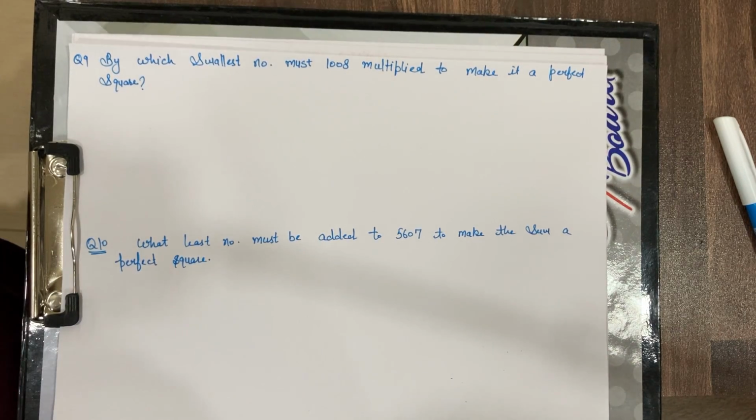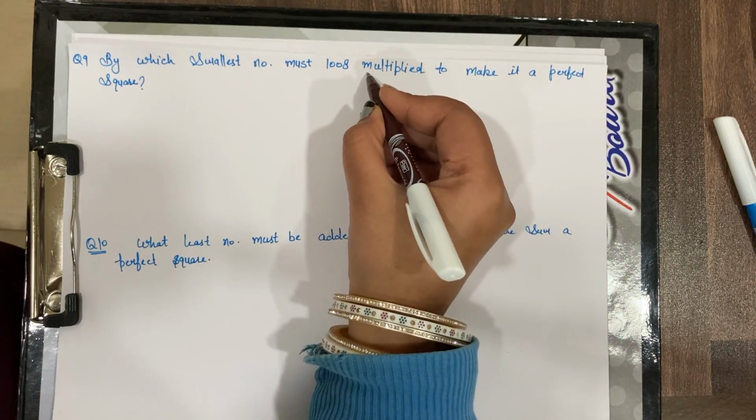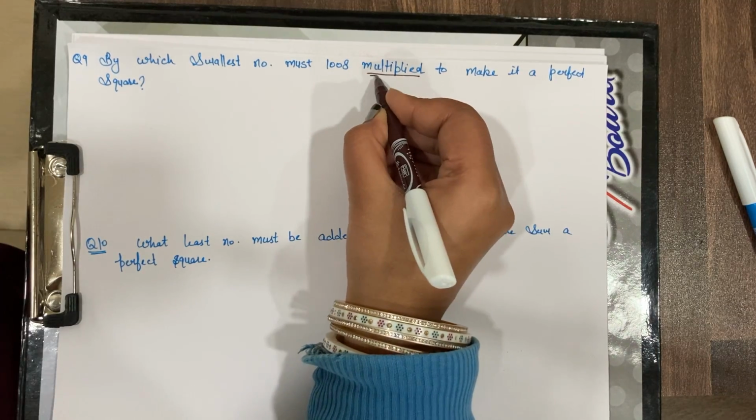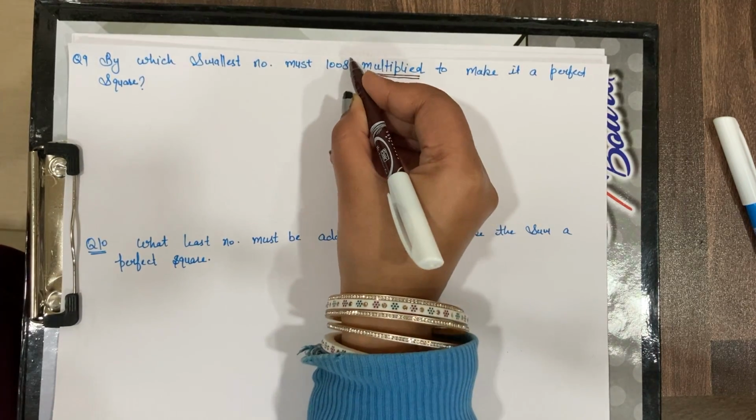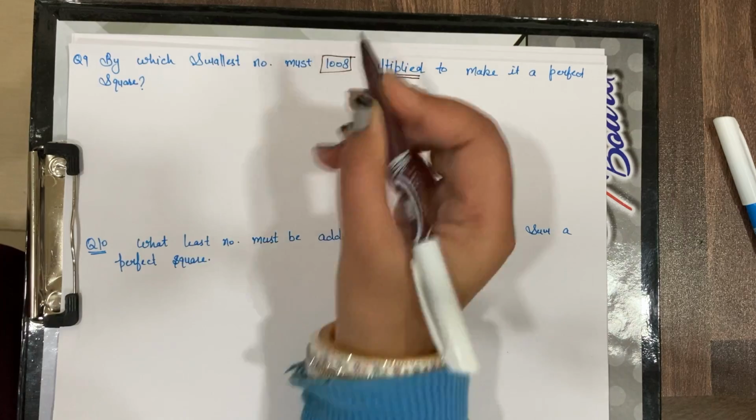Hello students. Now we are going to start with the next question: by which smallest number must 1008 be multiplied to make it a perfect square? See students, here the concept is of multiplication. 1008 is not a perfect square.